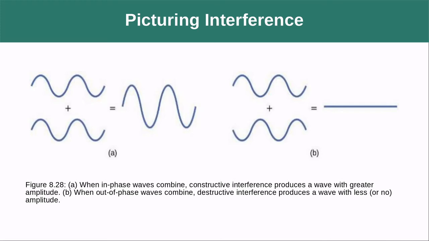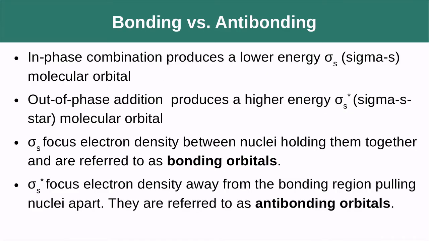In-phase and out-of-phase combinations. So our in-phase combinations produce lower energy sigma s molecular orbitals. The out-of-phase additions produce a higher energy sigma star s molecular orbital.